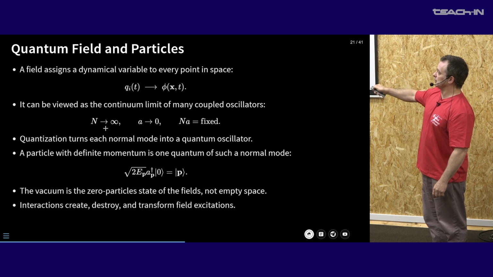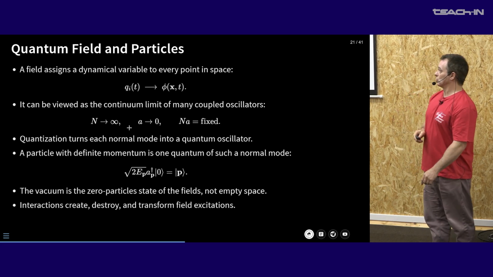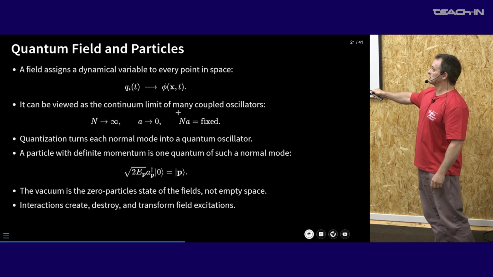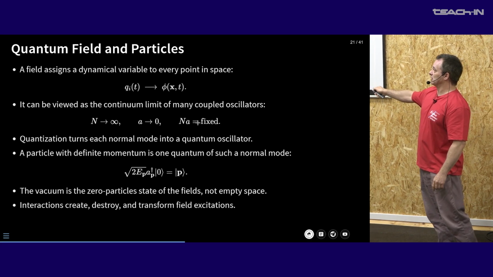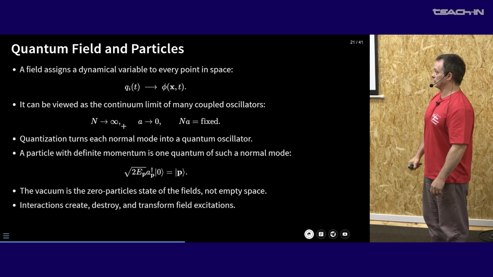And when you take the limit, the number of springs goes to infinity, the space difference between two springs goes to zero, but the product n times a is fixed, then you get a field. So this is the definition of a field.